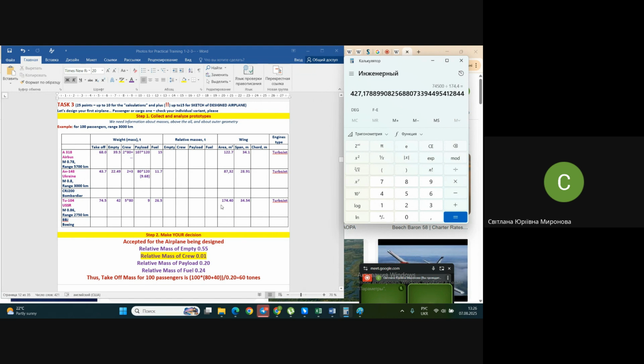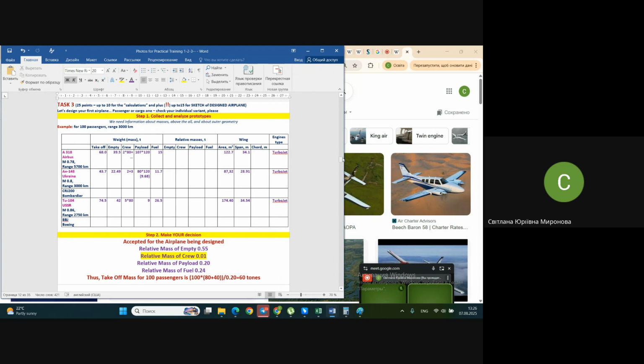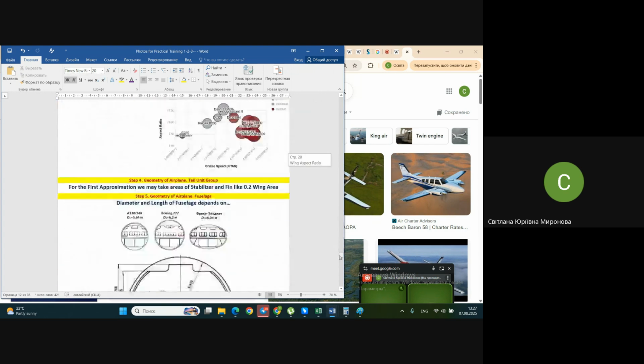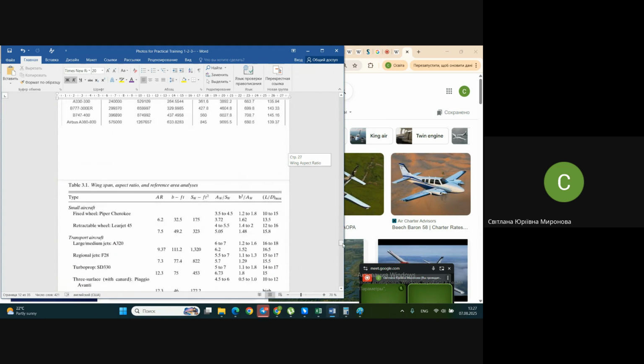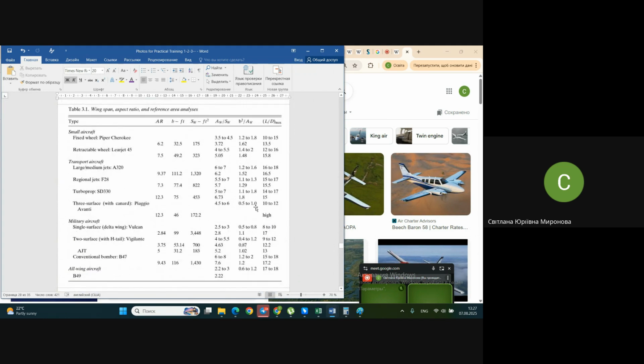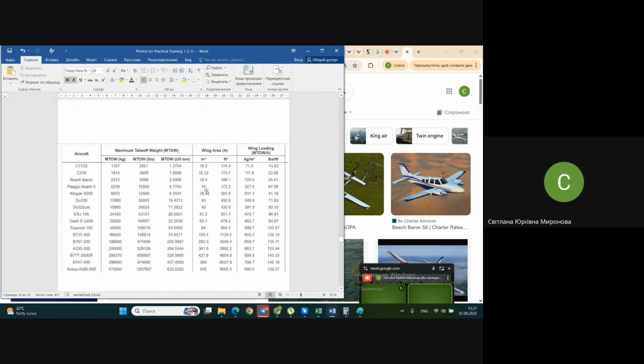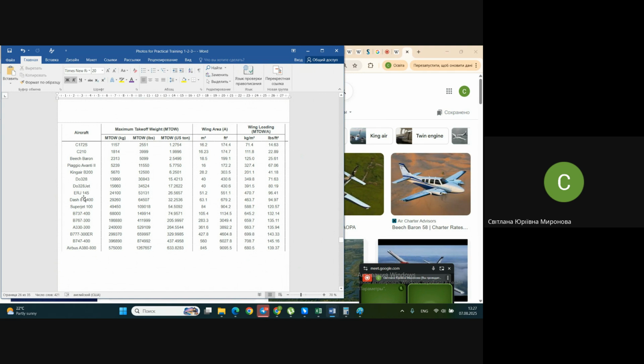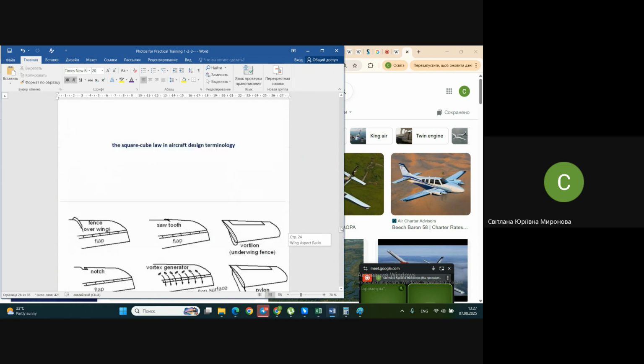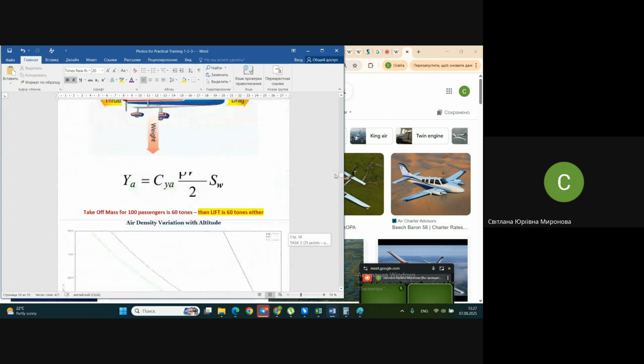So if we analyze our class of airplane, you may do it approximately using such data as you see here. I mean loading of the wing. If your airplane is similar to one of those, you may take a value here, for instance, or an approximate value here. Or you may use your own statistical data that you take immediately.